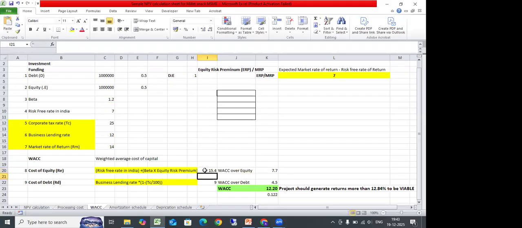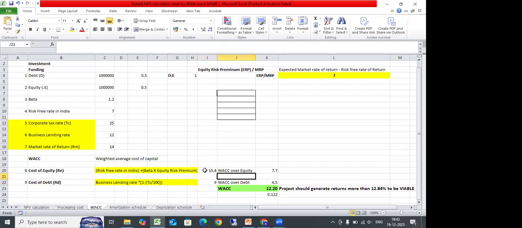So it comes out to be 15.4. Now, what is the cost of debt? Cost of debt is nothing but the interest which you are paying on the 10 lakh rupees bank loan. That comes out to be 9.